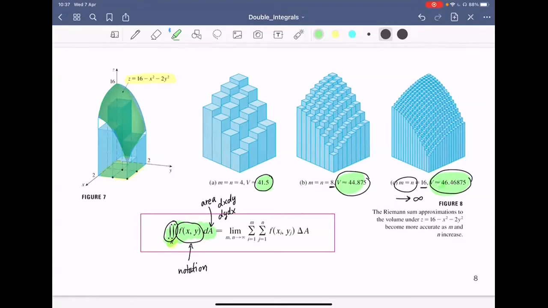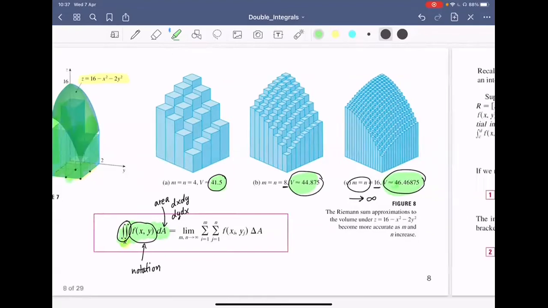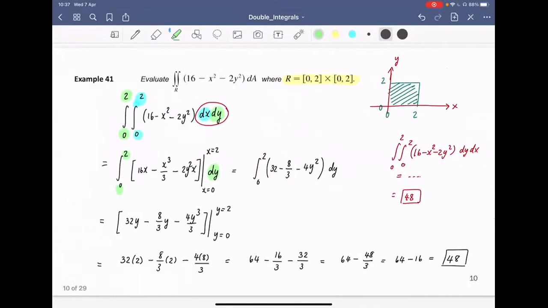And at the end, when you do it infinitely many times, with M and N going to infinity, you're going to get the volume under the surface to be just 48. And this is how to compute the volume in general.